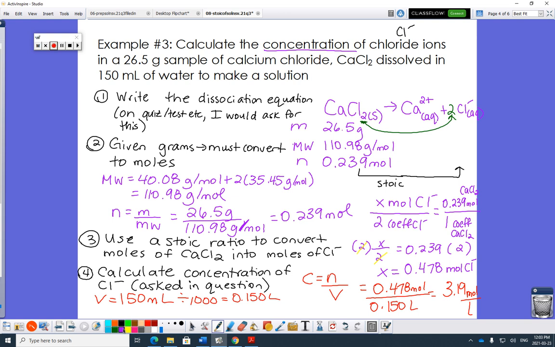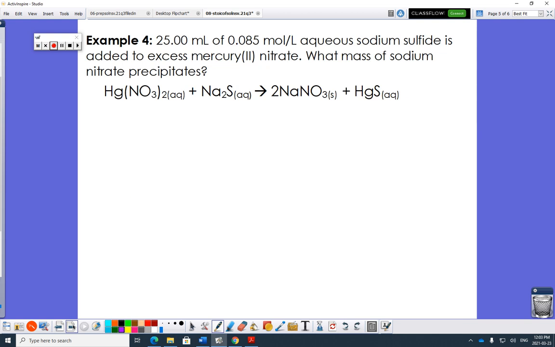Okay, so the questions kind of go in order. There's dissociation equations, then the second set are more like moles and concentration, and then the last one has to do with something more like this. So we're given a normal reaction that makes a precipitate. It says 25 milliliters of sodium sulfide. That's this one.